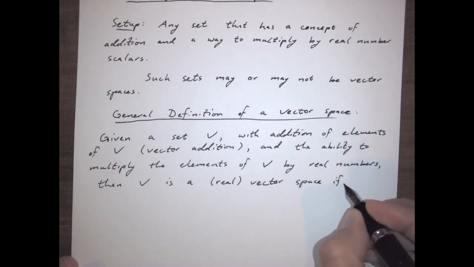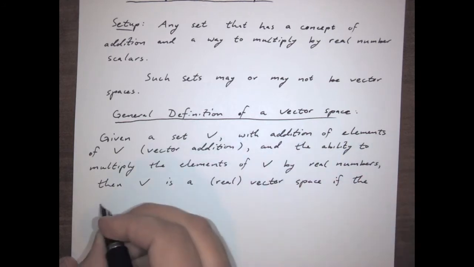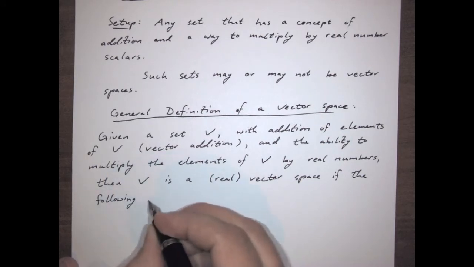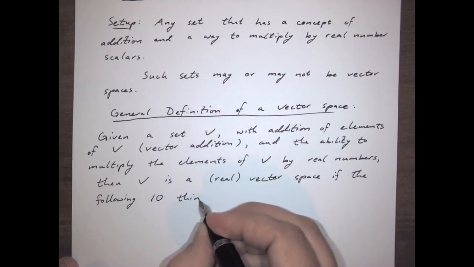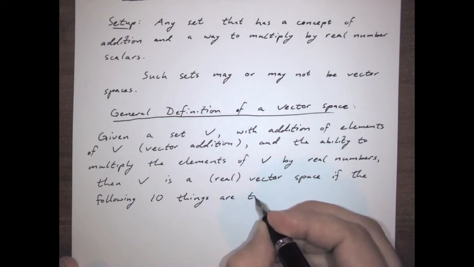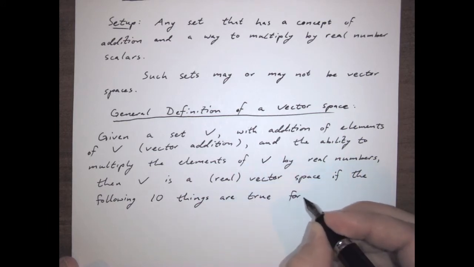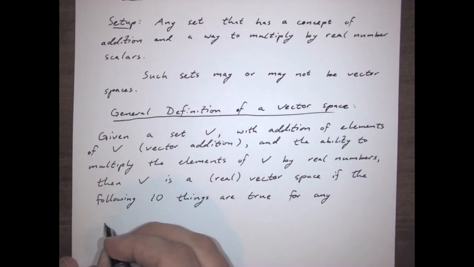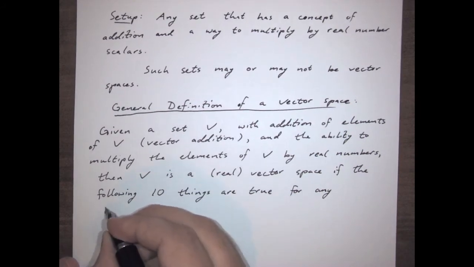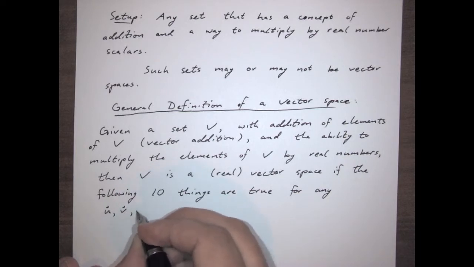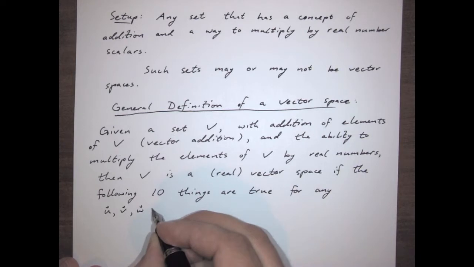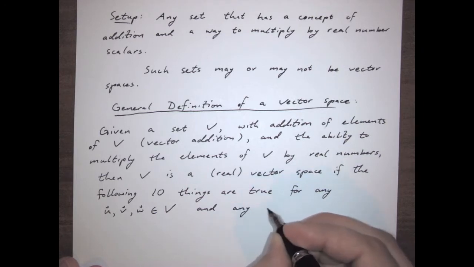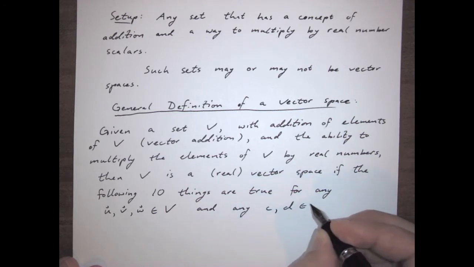if the following 10 things are true, for any three vectors u, v, and w, all belonging to this set, and any c and d belonging to the real numbers.